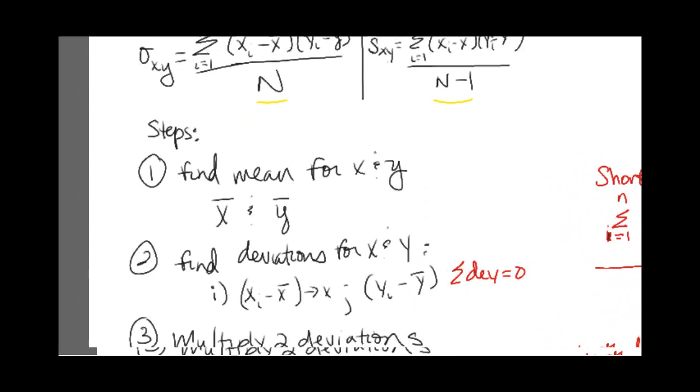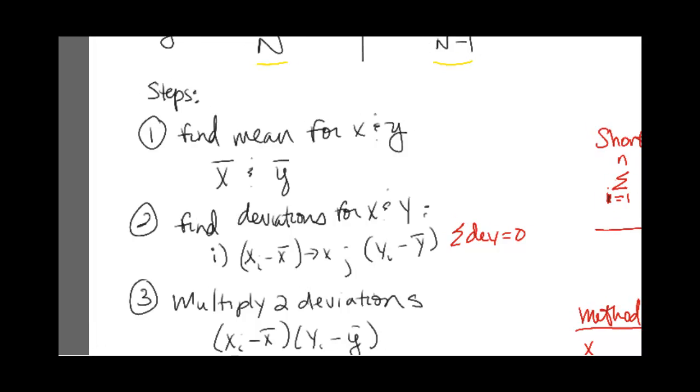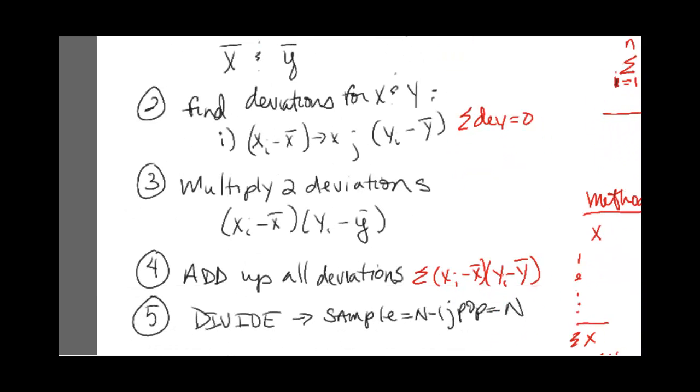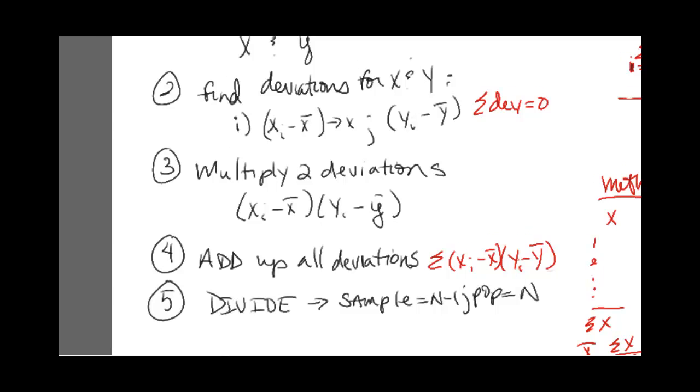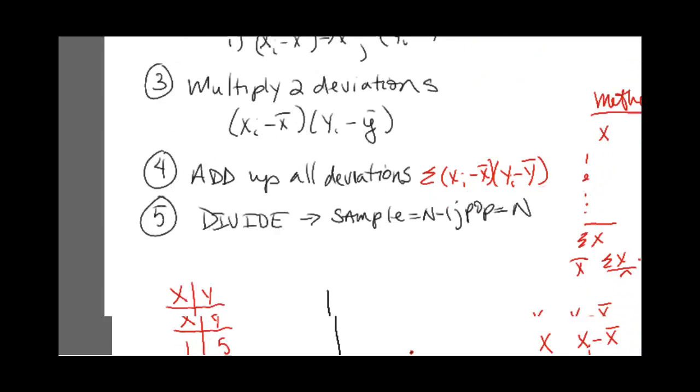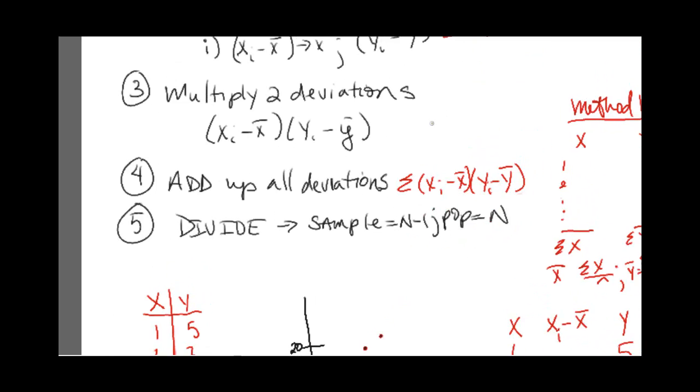So the steps: find the means for both. Find the deviations, which should roughly equal 0. Multiply the deviations, add them up, and then divide by either n minus 1 if it's s_XY, the sample, or divide by n if you're looking for sigma_XY.